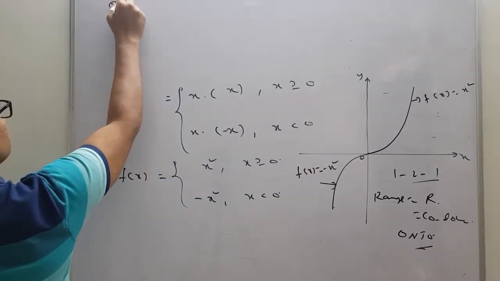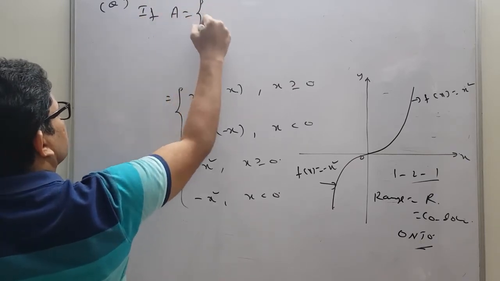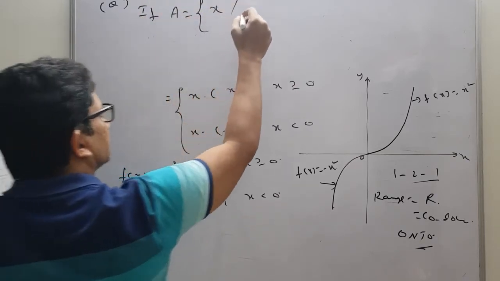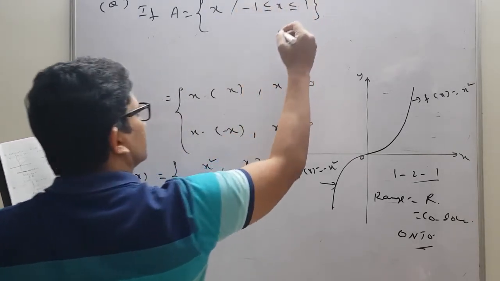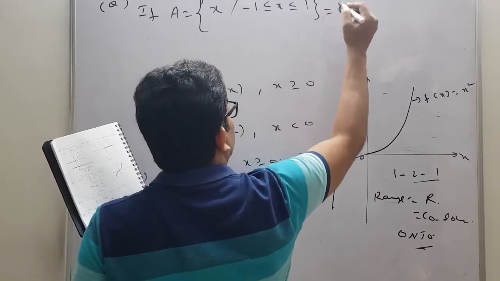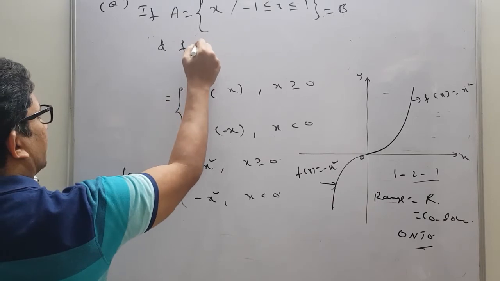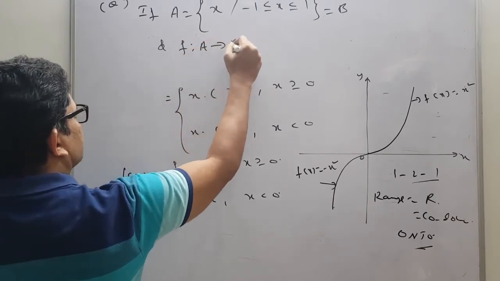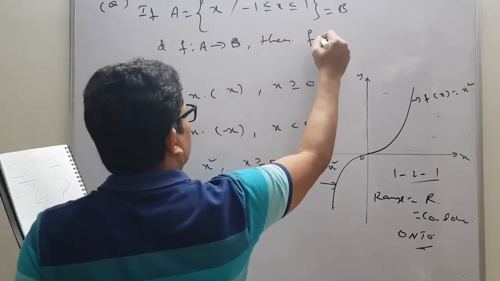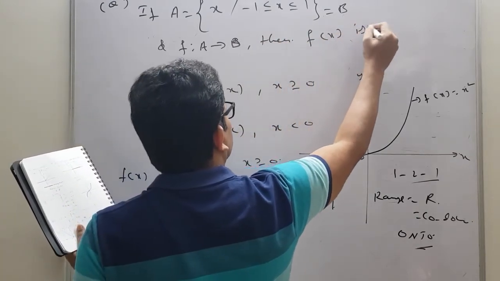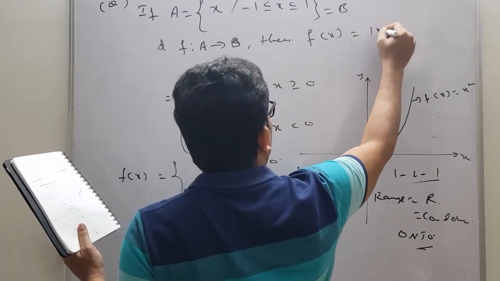Next question. If A equals the set of x such that minus 1 is less than or equals to x is less than or equals to 1, that is B only, and f maps from A to B, then f of x equals mod x.